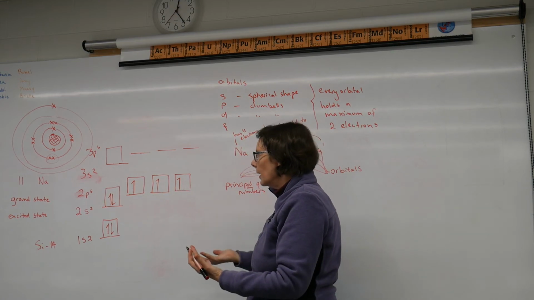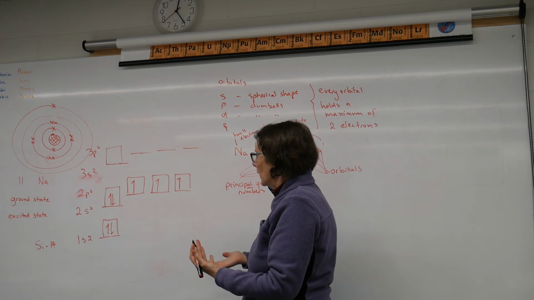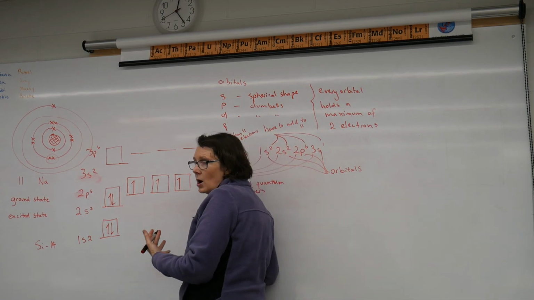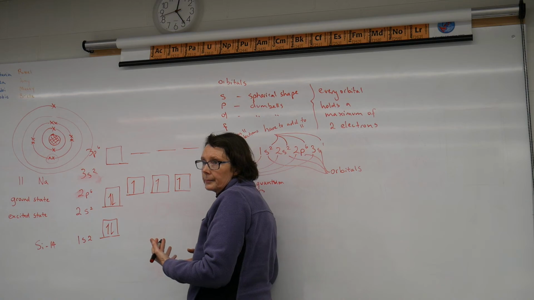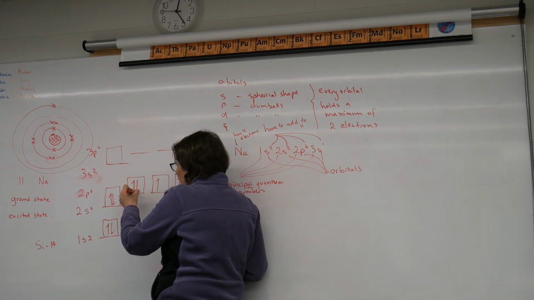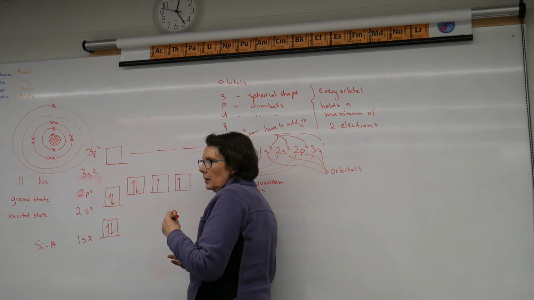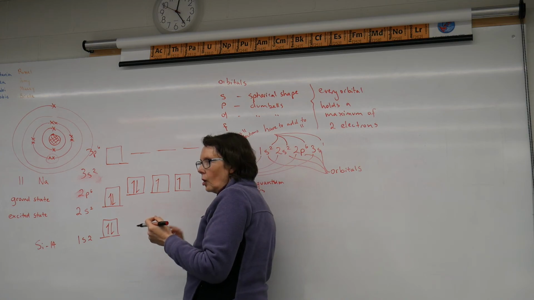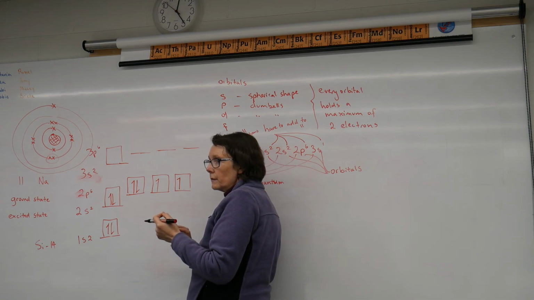Now when I come back with my 8th electron, I'm starting to double up. So now I have to go back in and put in an electron with the opposite spin and fill an orbital.